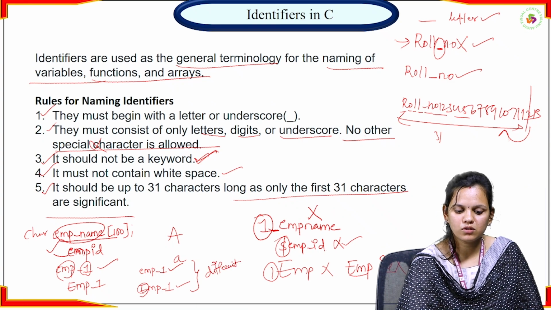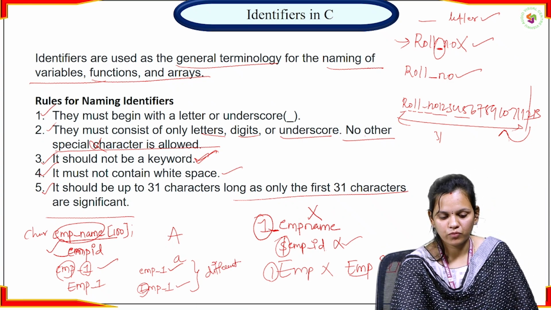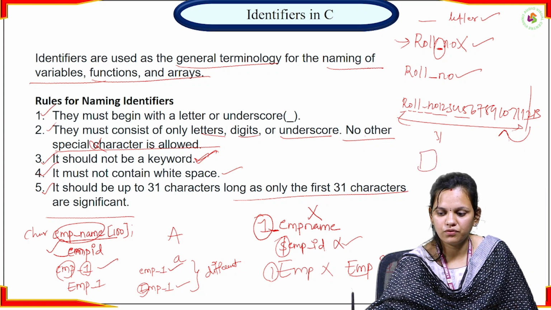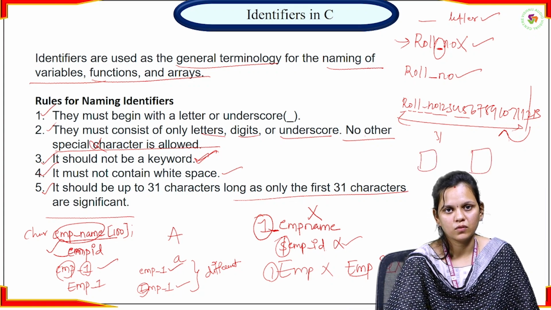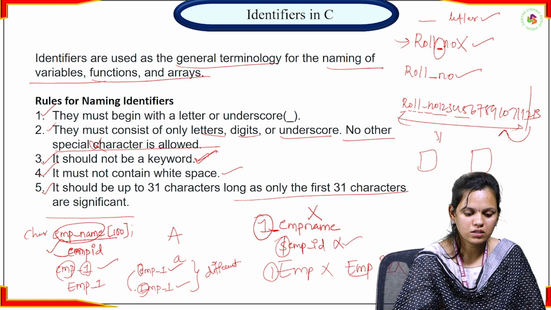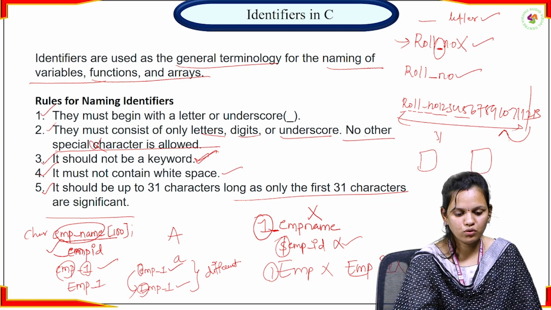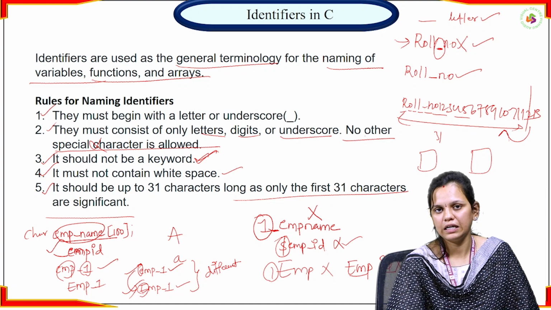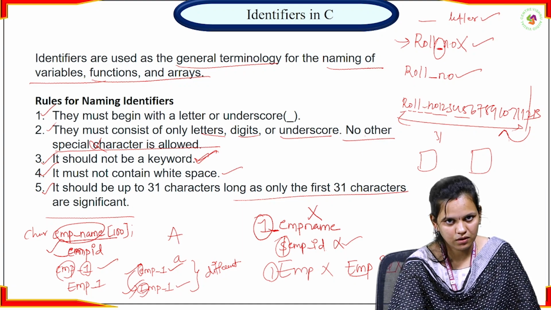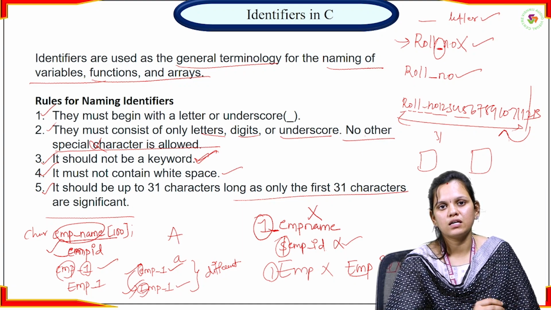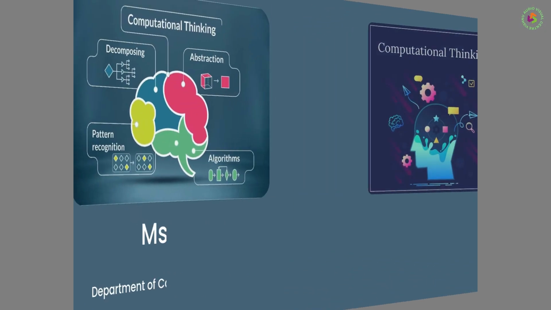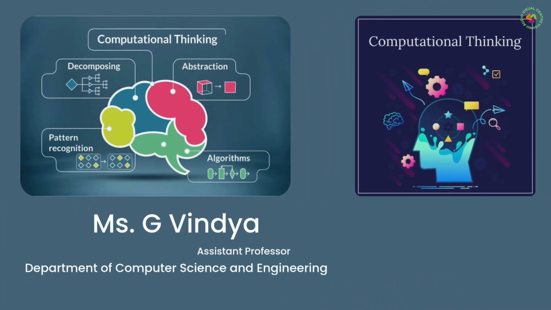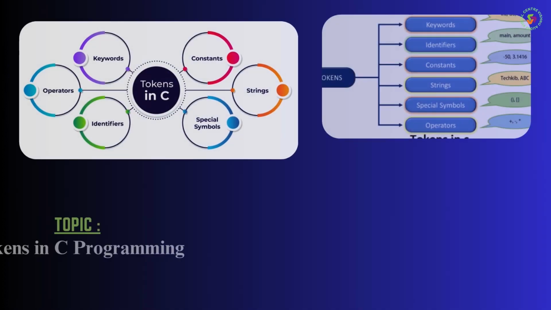If they are variables, both are different variables and will have different memory locations. Small e and capital E are not the same. So C is a case sensitive language. All these are the rules for naming identifiers.